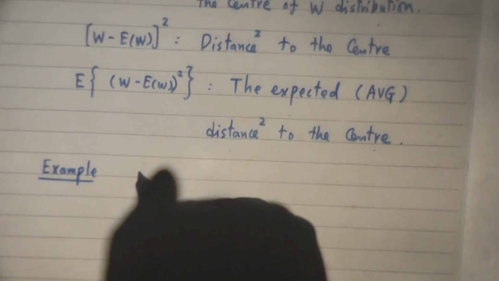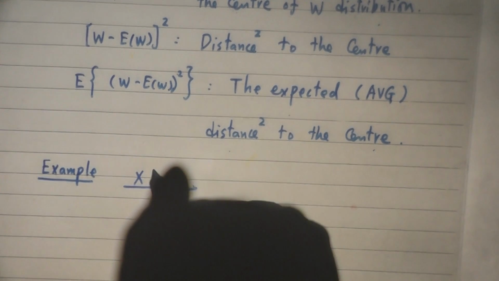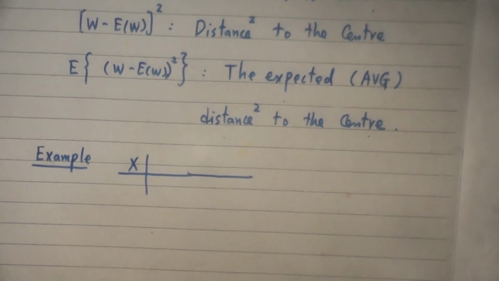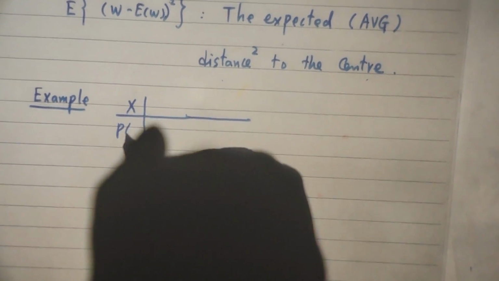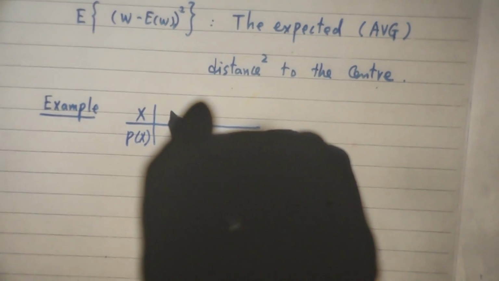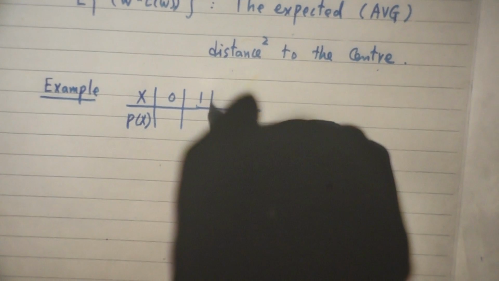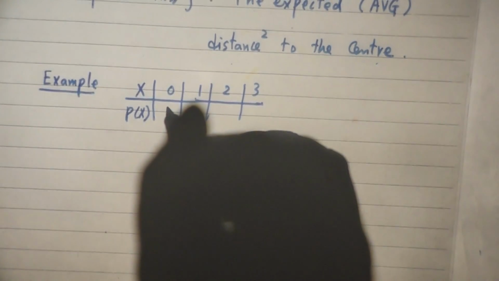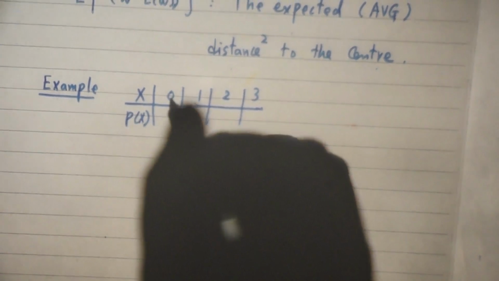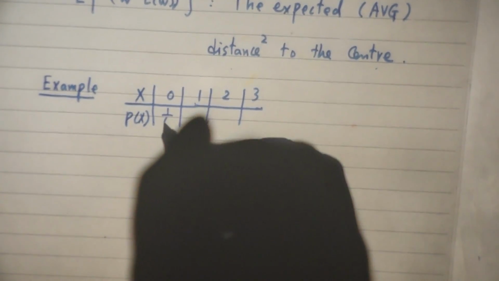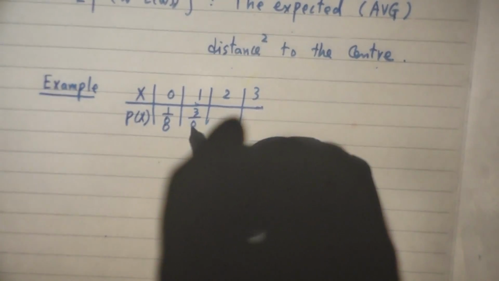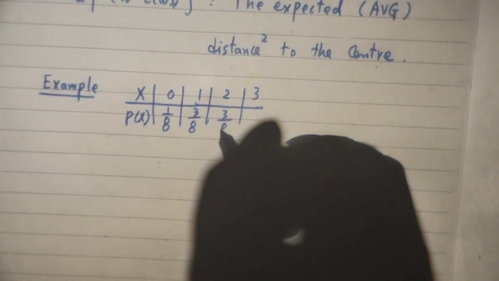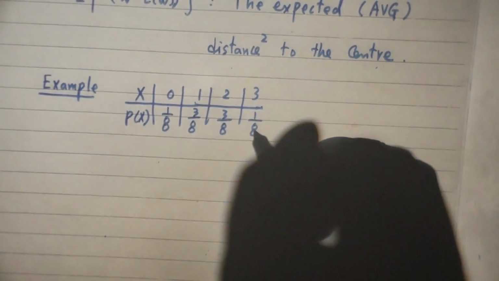Remember, our X resulting from flipping a fair coin 3 times. And this is the PMF of X. X equal to 0, 1, 2, and 3. And the number here is how likely. X equal to 0? The chance is 1 over 8. How likely X equal to 1? The chance is 3 over 8. Next one, 3 over 8. And the last one, 1 over 8.